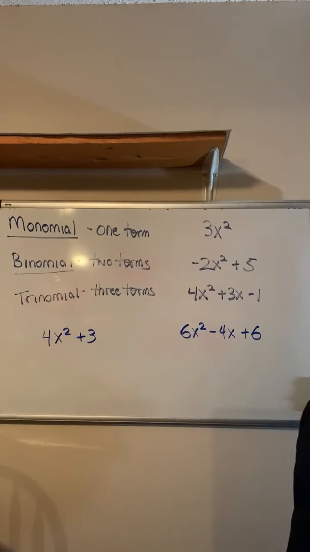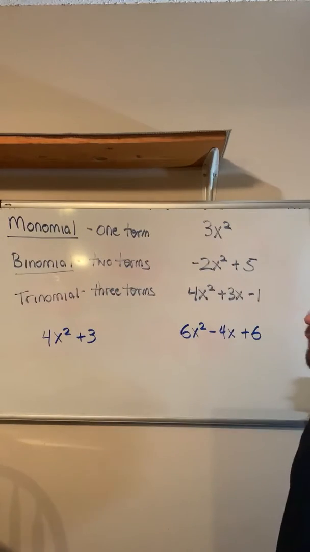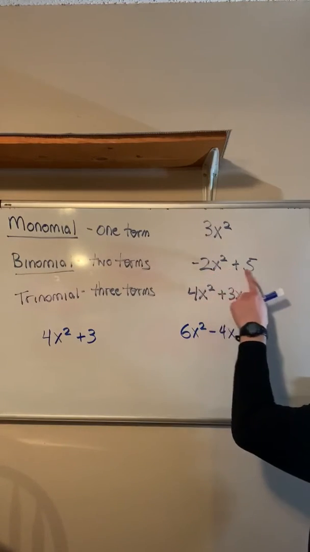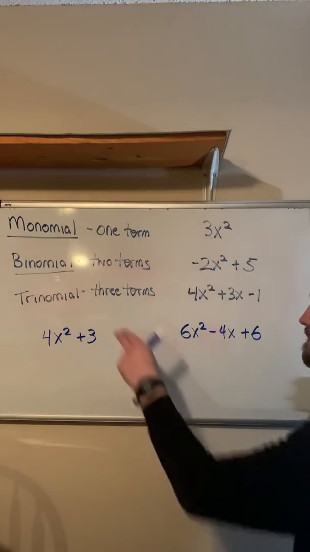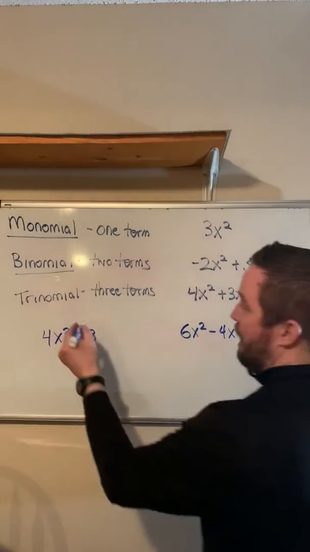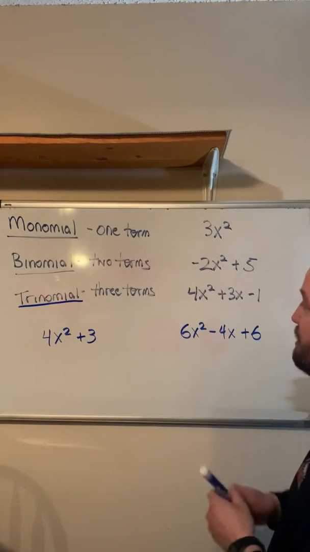We have a monomial, which is just one term that stands alone. Then we have a binomial, which is 2 terms. You're going to have your first term and then a second term, always separated by an operation sign. And then our last one is a trinomial, which is going to be expressed using 3 terms.